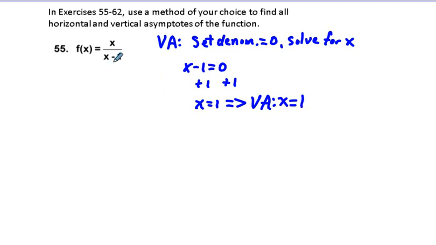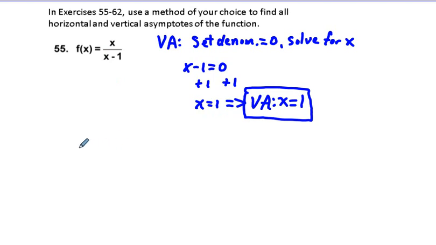Now in this case, if you have a discontinuity, it's possible that we could have a cancelable discontinuity, which would make this a removable discontinuity and not a vertical asymptote. But we don't have any cancellation going on here, so that's going to be our vertical asymptote. We're going to verify graphically here in a minute.